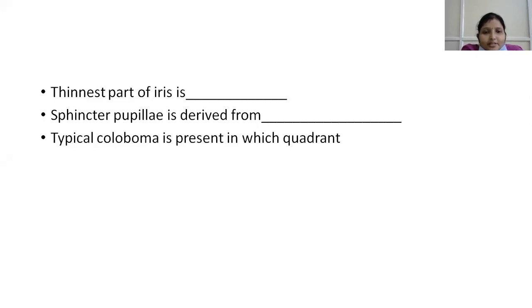Sphincter pupillae is derived from. Very good. Neuroectoderm. Not ectoderm. Neuroectoderm is the right answer. Typical coloboma is present in which quadrant? Typical coloboma is present in inferior. Yes, inferonasal part is the right answer.